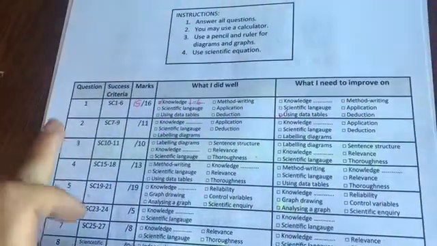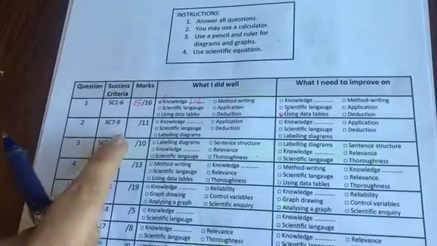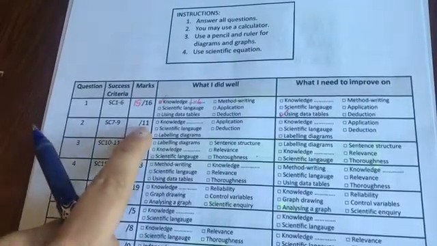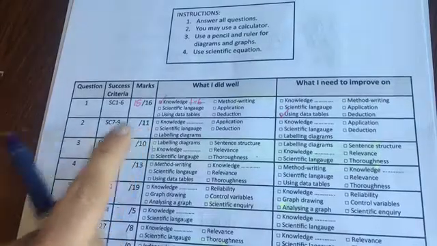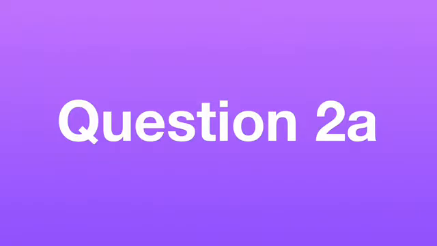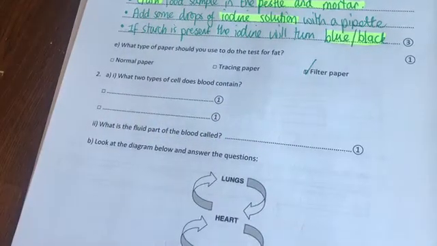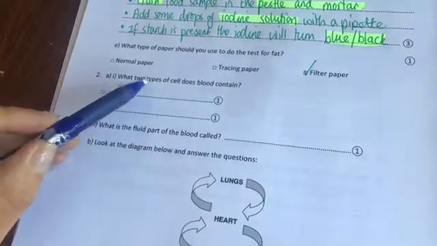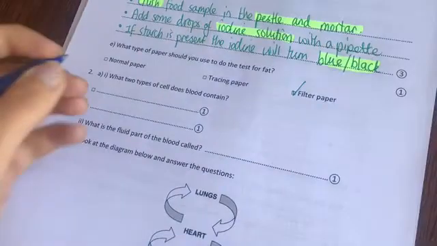Okay, moving on to question 2, which is covering SC 7 to 9 in the summary notes and is worth 11 marks. Okay, starting with 2A, what 2 types of cell does blood contain?